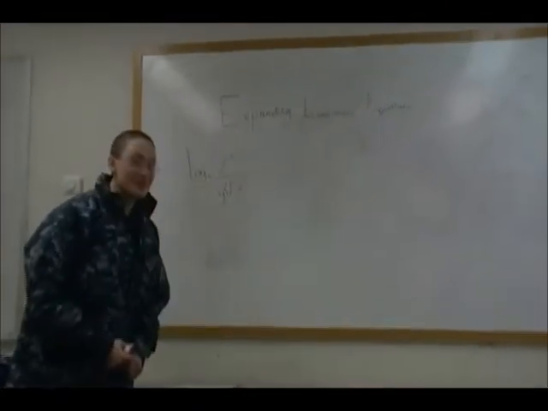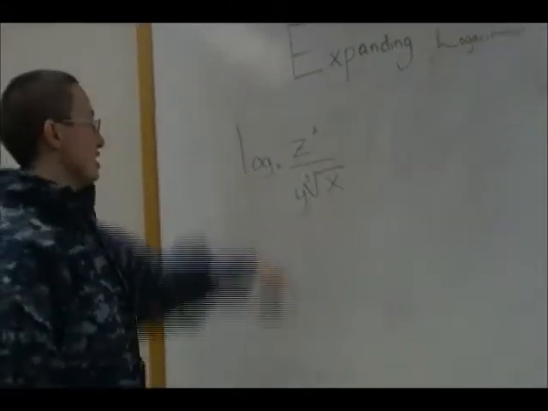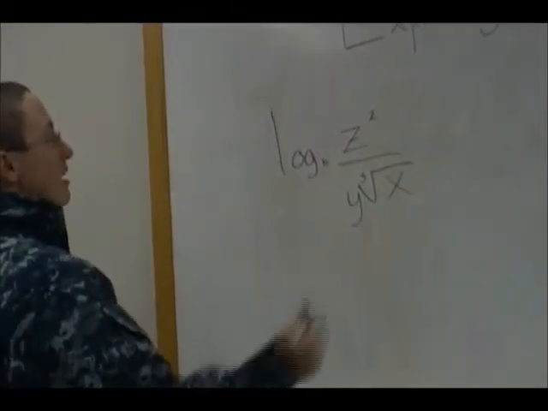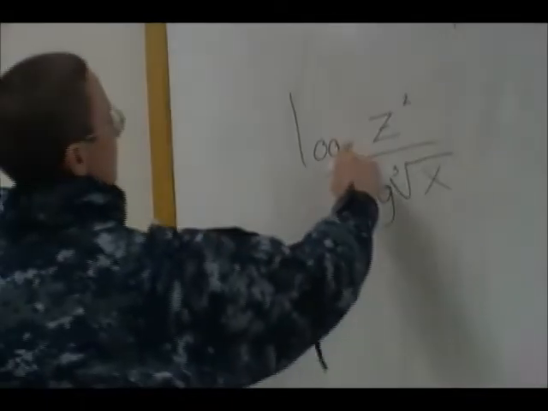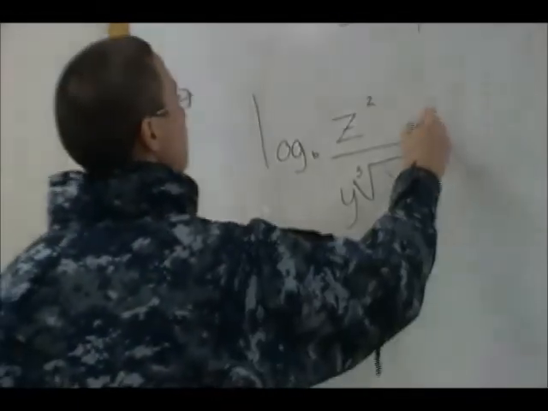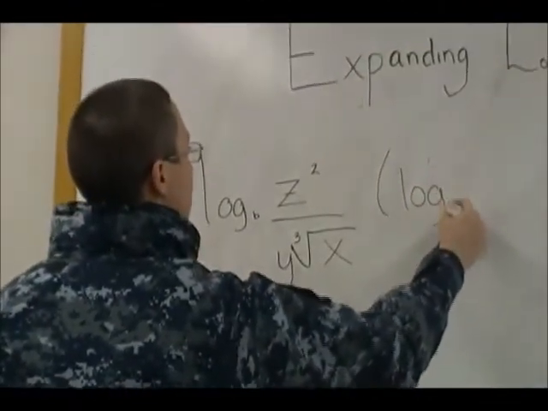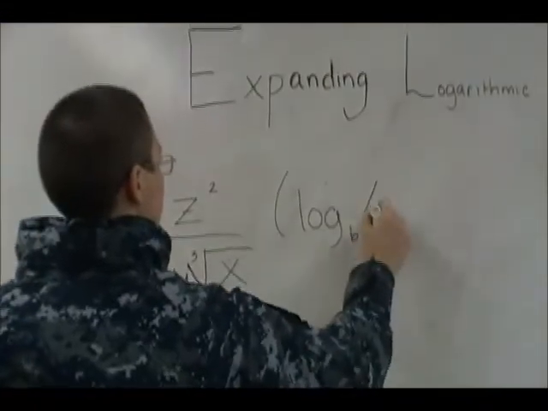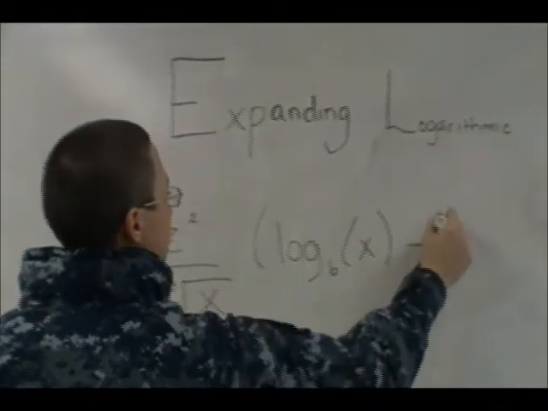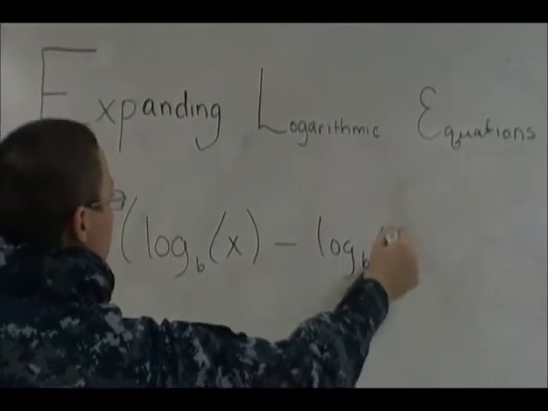Alright, now that Thorn's done playing with the camera, we are going to expand this logarithmic equation. Our first step is realizing that a division of one logarithm can be replaced by log b of x minus log b of y.